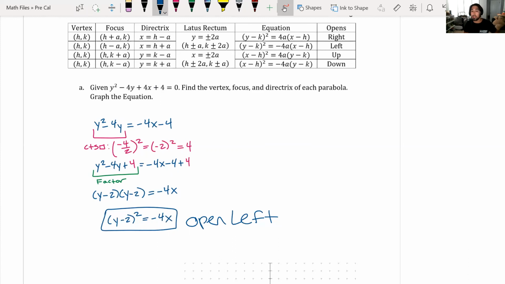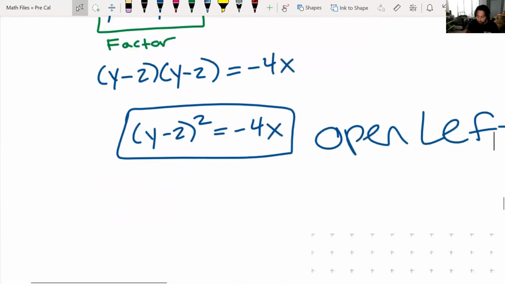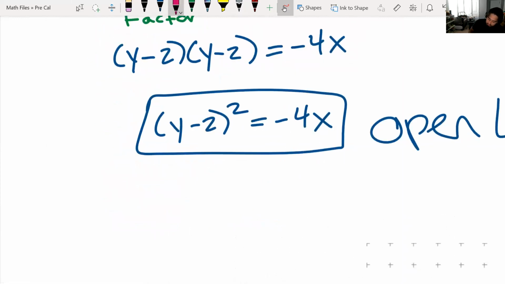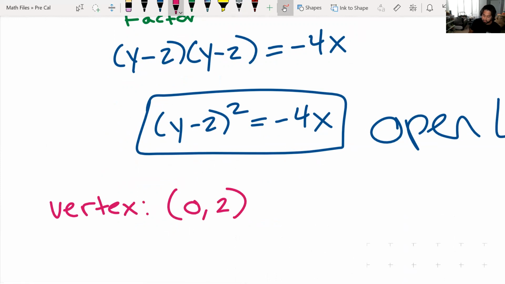Okay, so now, with that being said, if we open left, there's one thing we can find from this, and that's going to be the vertex. If we look at our equation, the vertex is going to be 0, positive 2, right? 0, positive 2.